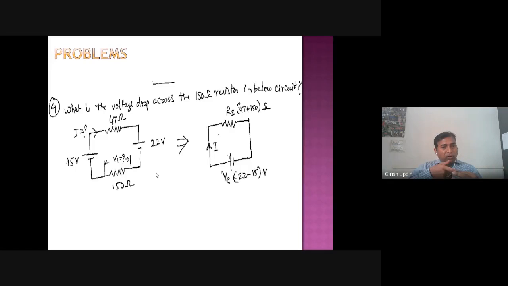Means if I draw positive, negative, positive, negative, and you put one more battery, positive and negative. If you effectively see 1.5 volt, three batteries, it will become 4.5 volt. Means all the voltage sources are added, isn't it? When you connect positive, negative, and positive, negative, it will add.